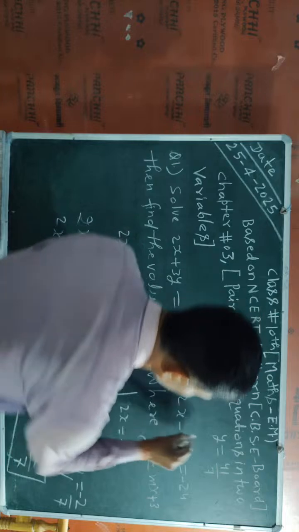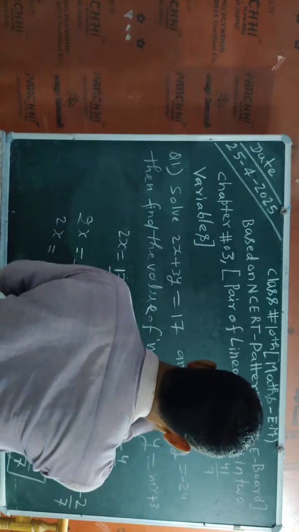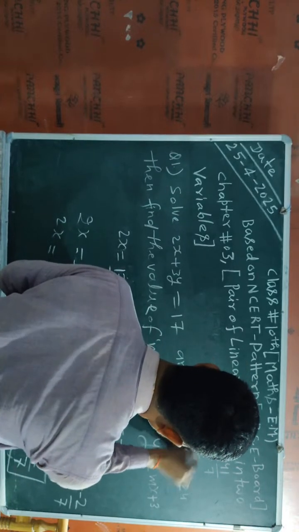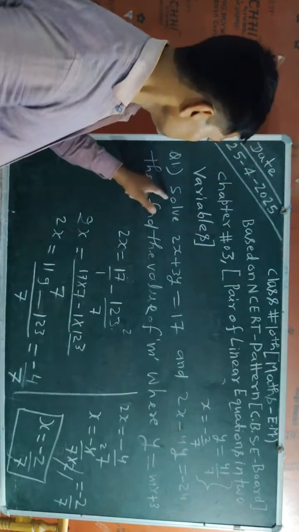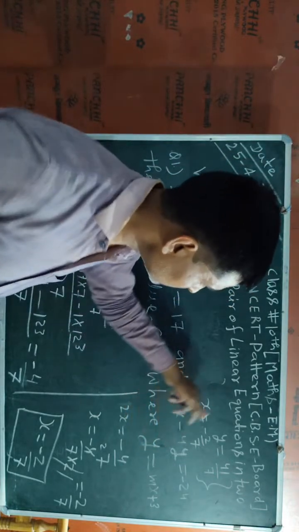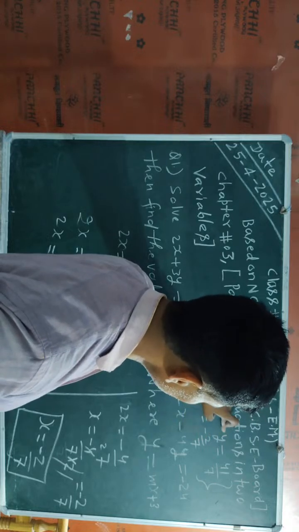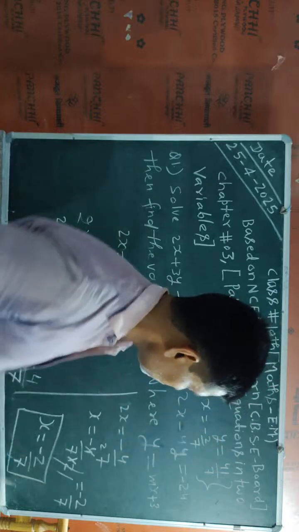Now the question says to solve these two equations. After solving, I have got the value of x, which is equal to minus 2 divided by 7, and also the value of y, which is equal to 41 divided by 7. Okay student.